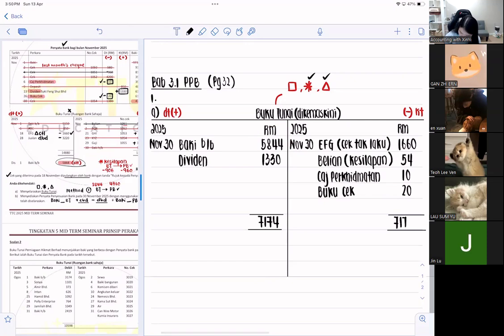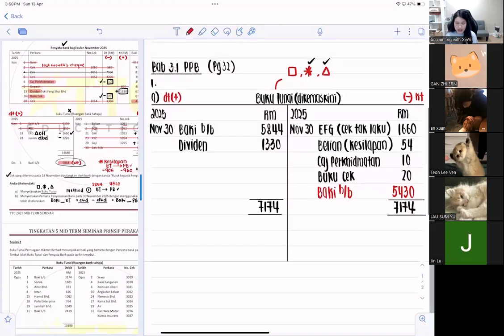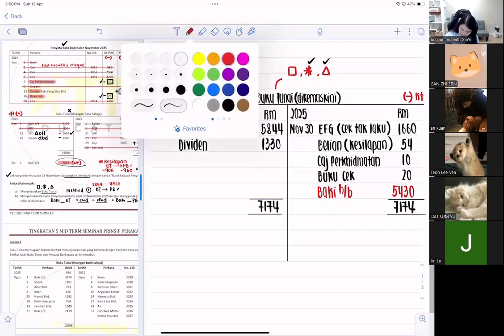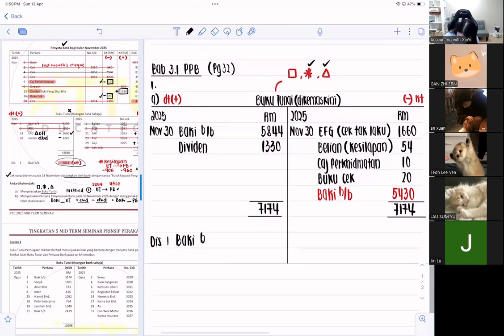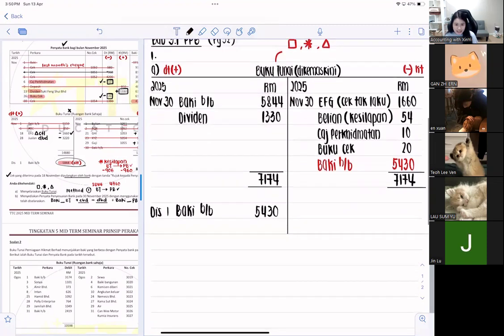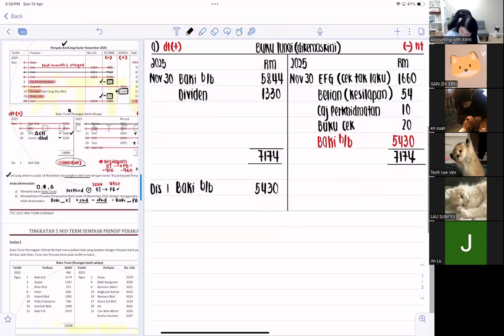If I need this for both sides, minus the credits number, the temporary baki as of now, after finishing the 3 kinds of factor, you will get 5430. And it's very normal that we are yet to get the final answer because you have 2 more factors to go. So now please bring the baki HB to the correct side and put it as December 1st. Baki BB 5430.